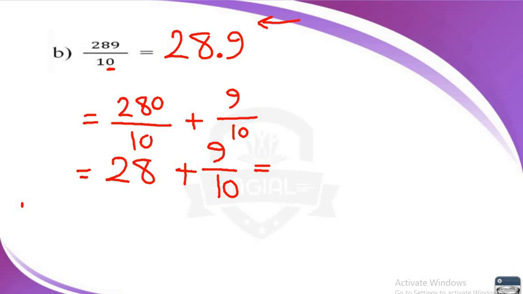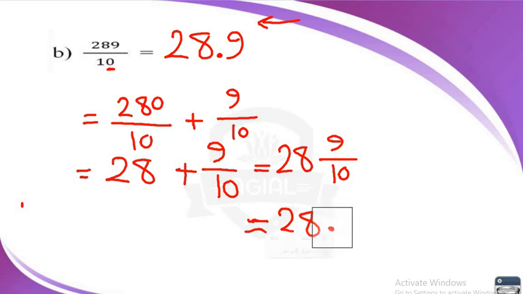It's not simple, so I have to write 28 and 9 over 10. That's a mixed number with a fraction that has 10 as the denominator. Can you write it in another way? Yes, I can write it as a decimal number. So I write 28.9. Is it easy or difficult? I think it's very easy.